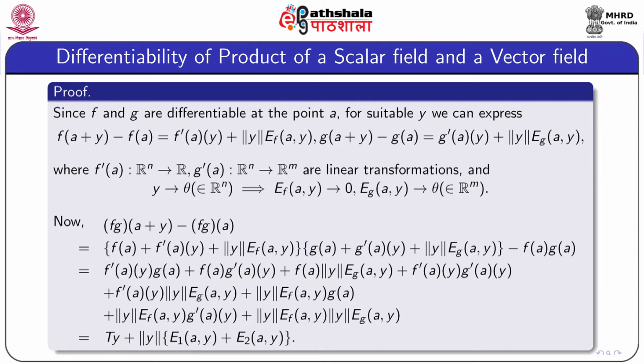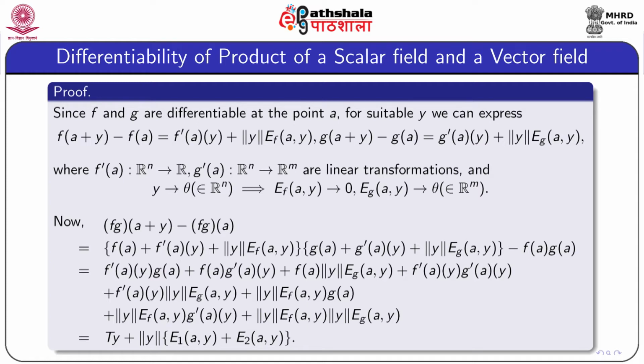Now, we consider the increment of the vector field H. We have H(a+y) minus H(a), that is fg(a+y) minus fg(a). We have written down their values here. So, we have finally 8 terms.